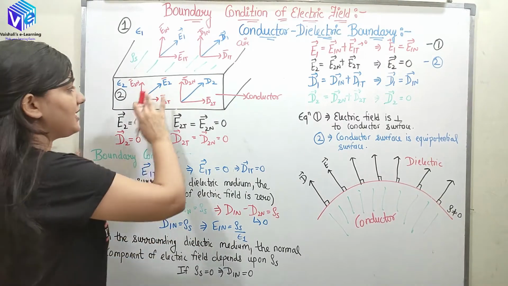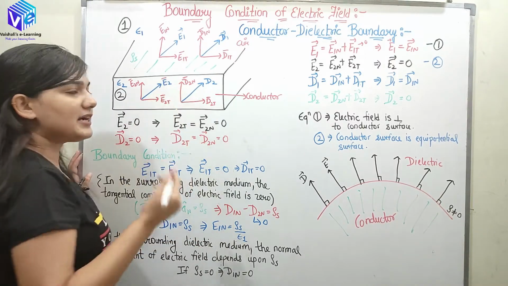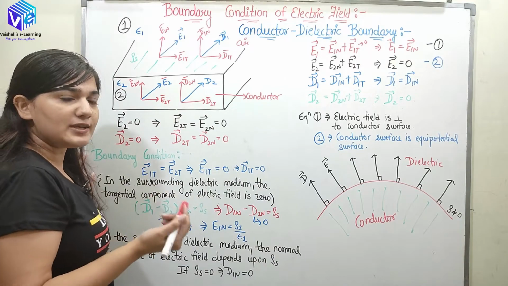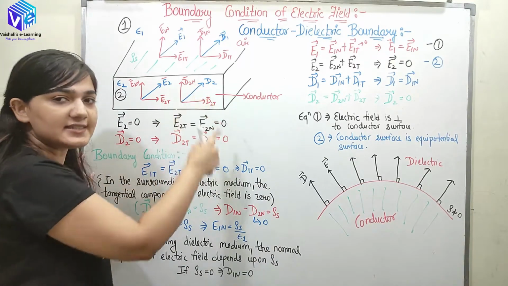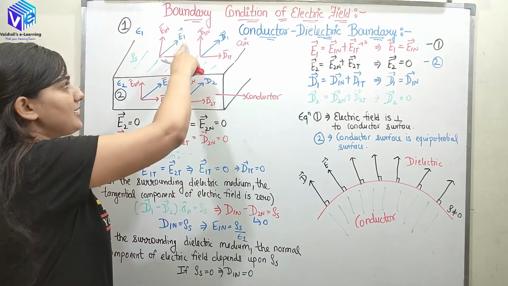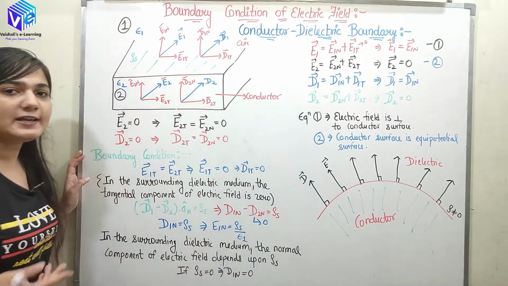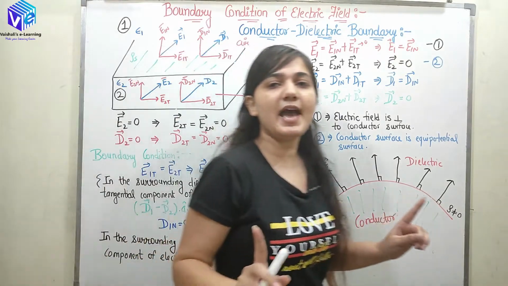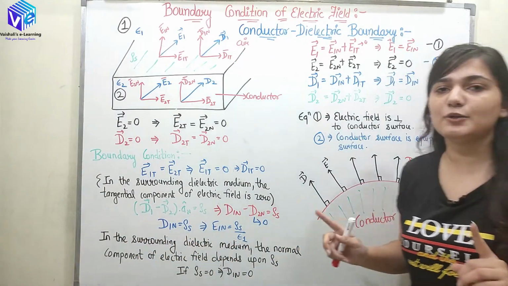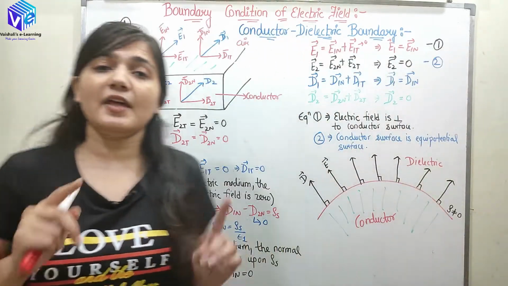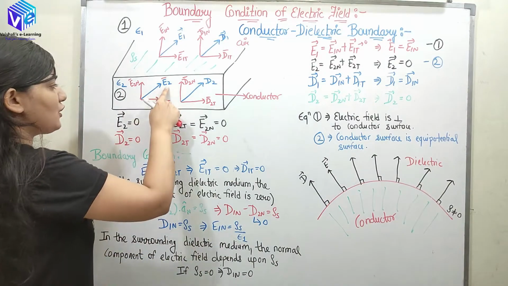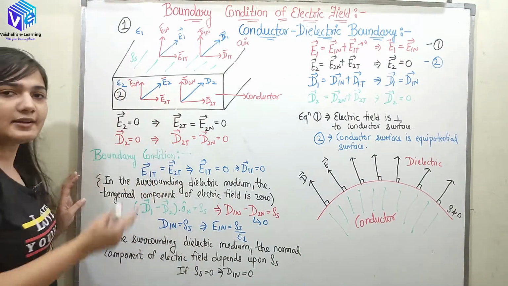So we have the electric field. In medium 2 I am taking the electric field to be E2 and the electric flux density to be D2. In medium 1, the electric field intensity is E1 and the flux density is D1. E1 and D1 have the same direction, and E2 and D2 have the same direction. If I resolve the components of E2, it will be E2T and E2N.